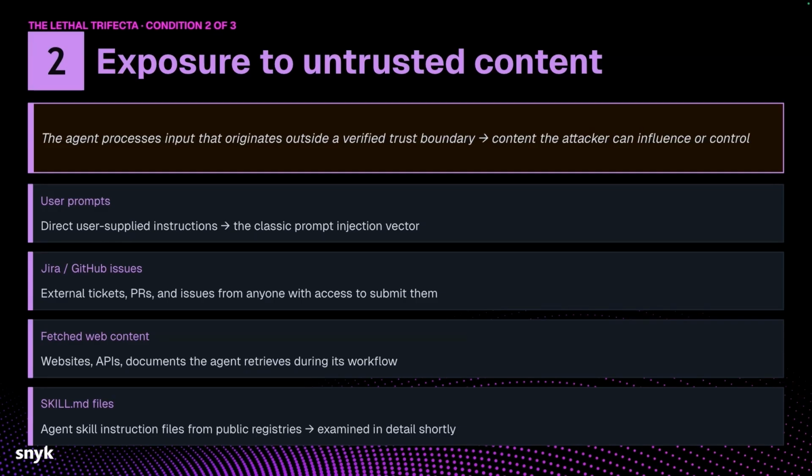They need it legitimately through the workflow, but it could lead to a malicious API or website or compromised website or APIs. And lastly, the skills.md file, which is just a markdown, so plain text, and the agent skill instruction files from public registries. I'll come back to this shortly, because this is a big section as well. But this is also part of the exposure to untrusted content.